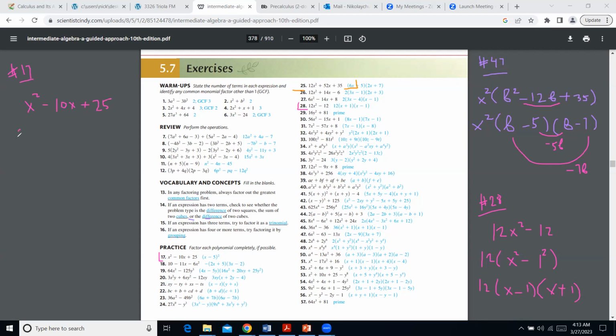So looks like we're gonna need to factor the first and the last term, right? The first term will be factored as x multiplied by x, and the last is 25, which is a product of two numbers, 5. And I need to put a minus because I see the negative here.